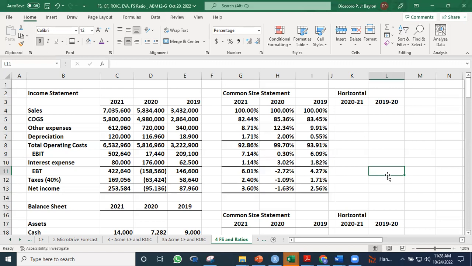So ang total na operating cost sa bawat 100 peso na sales is 92 pesos and 86 centavos. Ang operating profit na lang 7 pesos na lang. Okay? And then ang bottom line sa 100 pesos na nabenta natin, 3 pesos and 60 centavos dun yung kita.